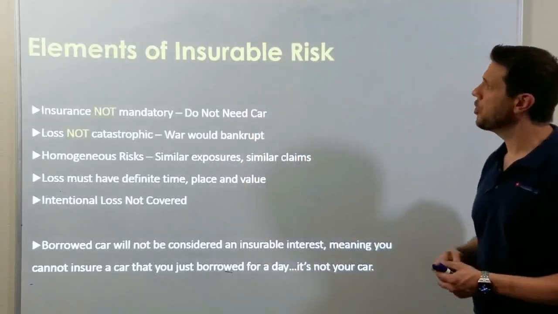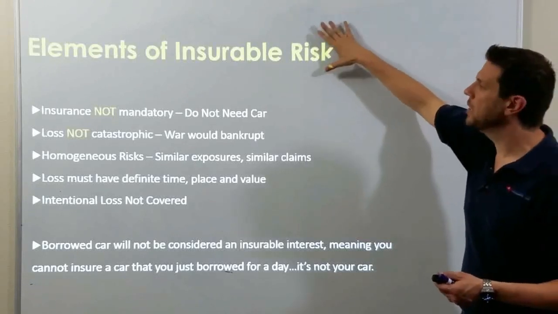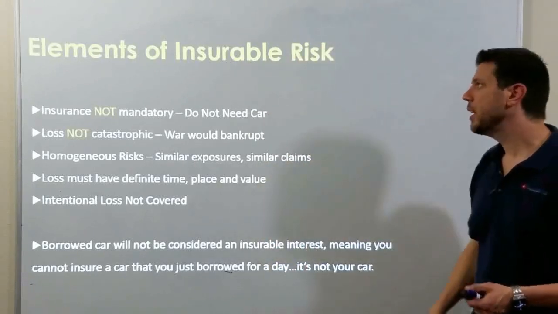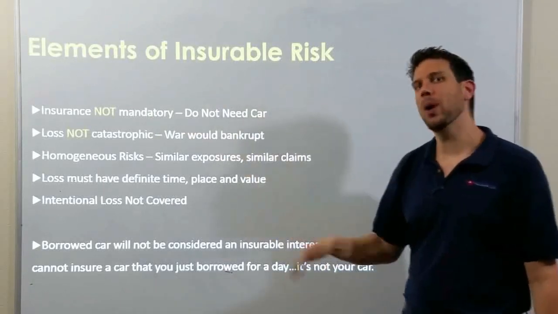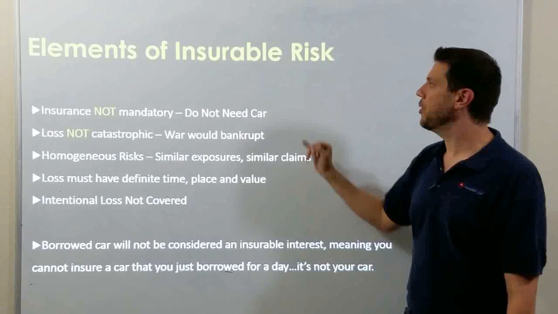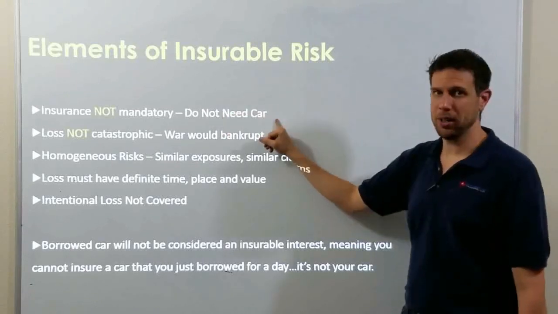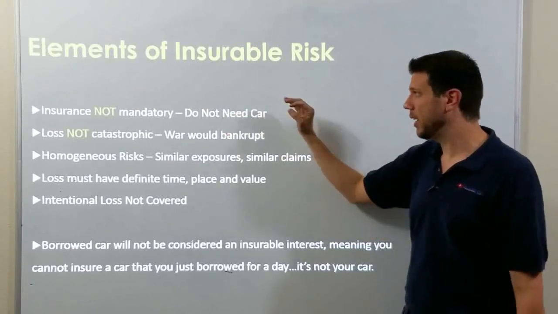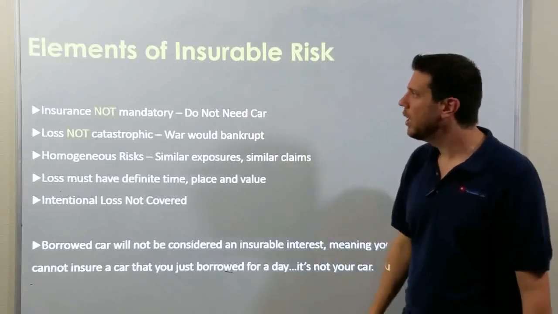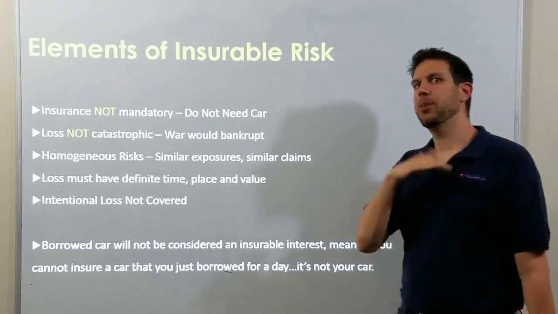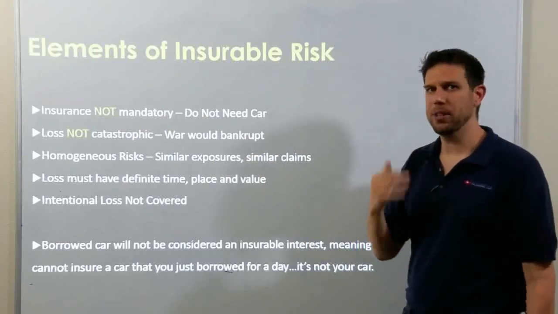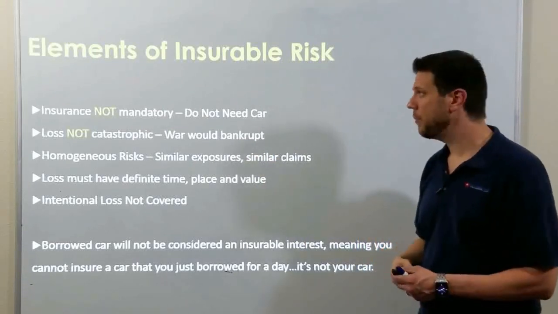In order to insure something, the insurance companies have to follow these rules. Insurance cannot be mandatory, meaning there always has to be a way to get out of insurance. So like if you don't want car insurance, don't buy a car. Not practical, but insurance cannot be mandatory. Insurance companies do not cover catastrophic losses, so like we don't cover war or nuclear damage because that would bankrupt an insurance company.